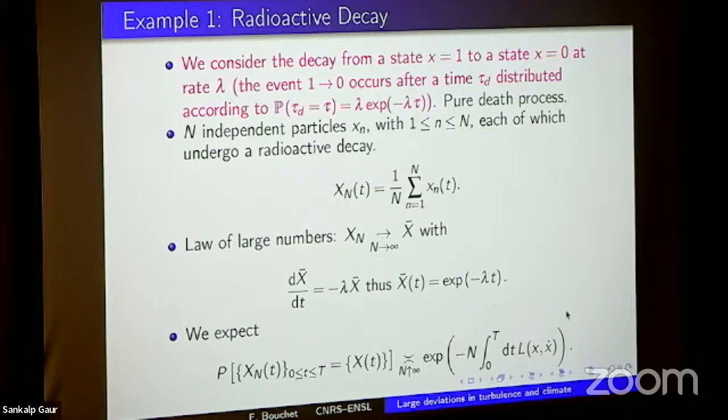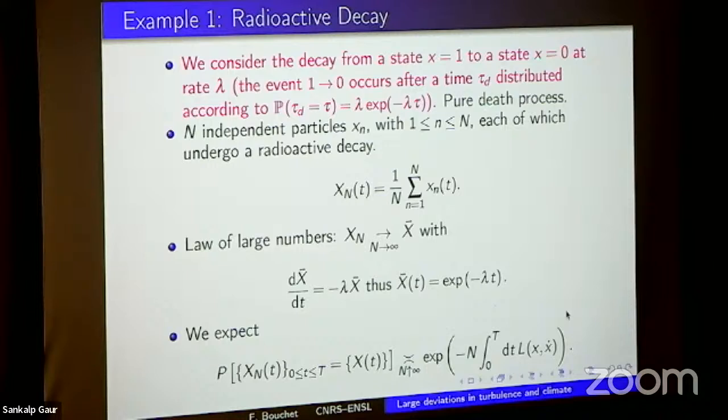The event will happen at any time with a rate lambda. So it means that if the event has not appeared yet, the probability to get the event in the next time interval dt is lambda multiplied by dt. It's just the radioactive decay you have learned maybe in high school already.